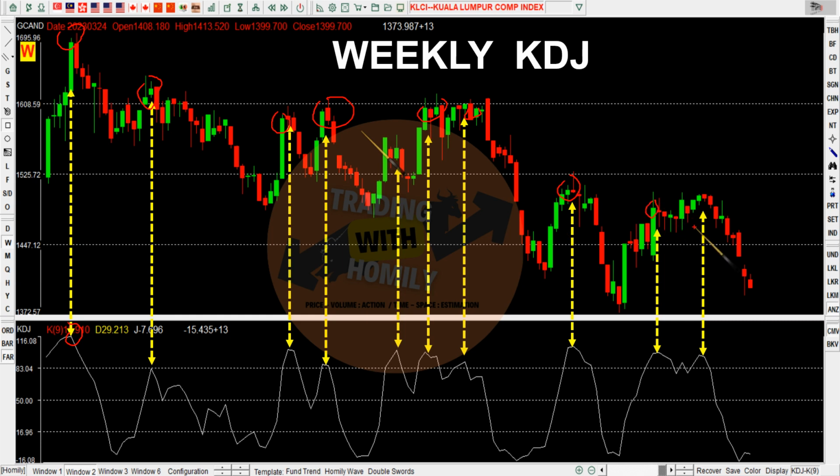Especially in the last 2 months, 1, 2, 3, 4, 5, yes, I also mentioned this method to find the top of the index. Here we need to remember this method is used for index only. For individual stocks it is not suitable.